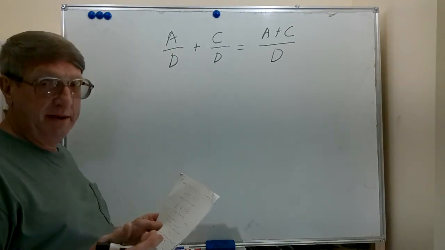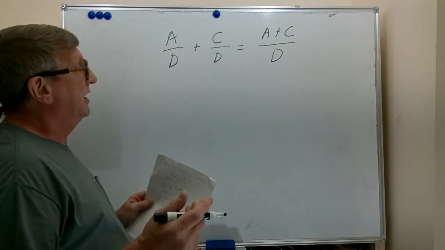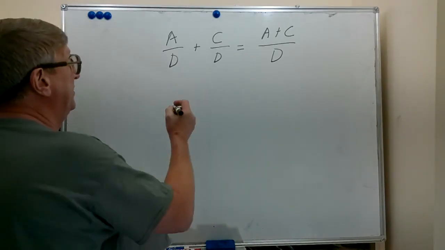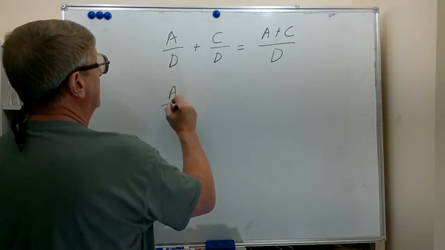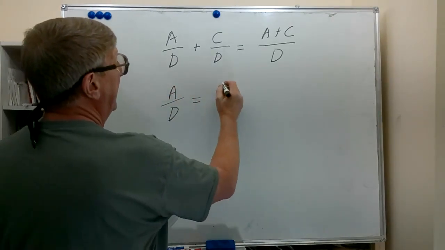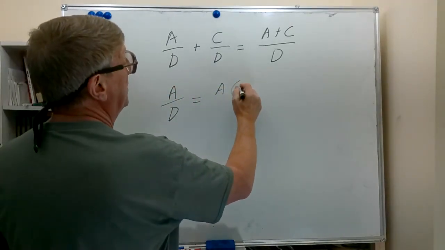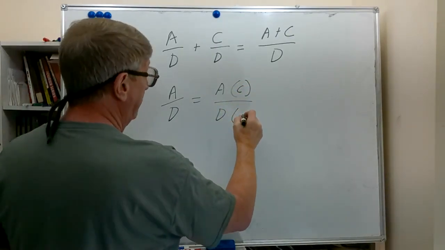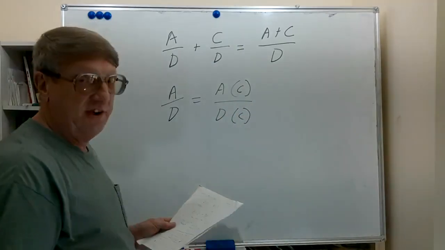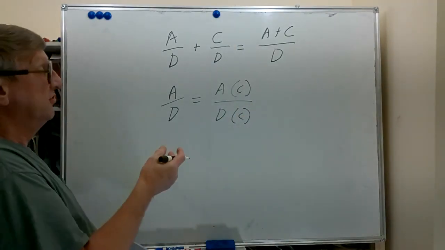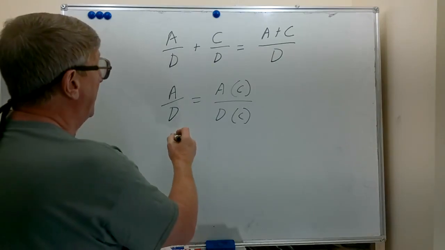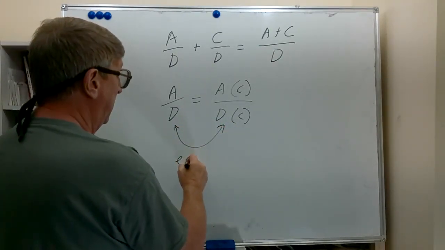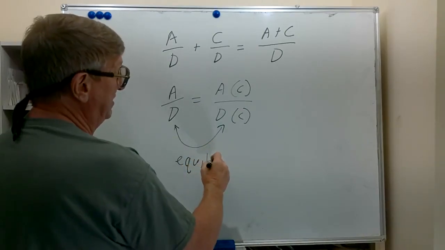And as we've talked about many times, if we do the same operation in the numerator as we did to the denominator, say we have this fraction here, a over d, and we said a times some number, we'll call it c, over d times the same number, we do not change the value of the fraction. So we have equivalent fractions, which have the same mathematical value.